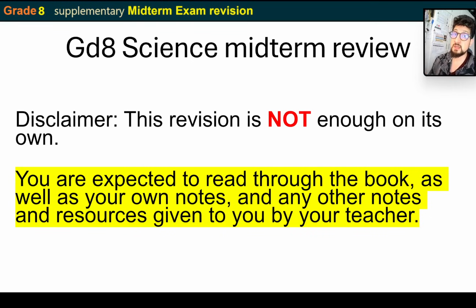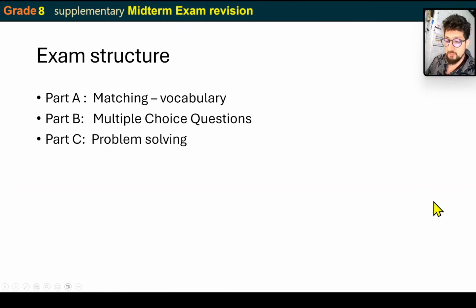So what we expect from you is that you go through the notes and you go through the books. Now this should be a good review that covers most of the topics. And obviously that's the whole point of it, that it covers as many of the topics and as many of the keywords that you need to know. However, I must say it's not enough on its own. Okay, right, and with that out of the way, let's carry on.